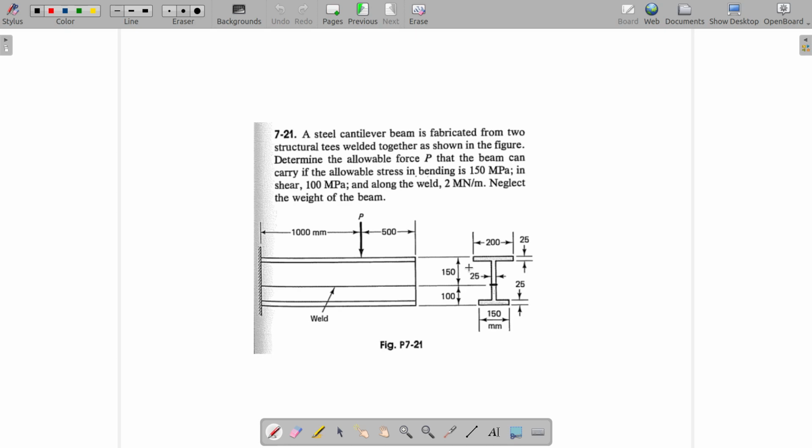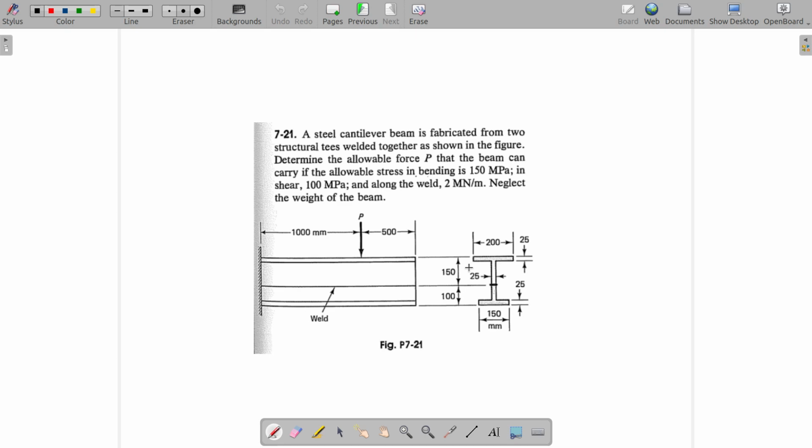So the maximum allowable bending stress is 150 MPa and maximum allowable shear stress is 100 MPa, and along the weld the maximum shear allowed is 2 meganewton per meter.